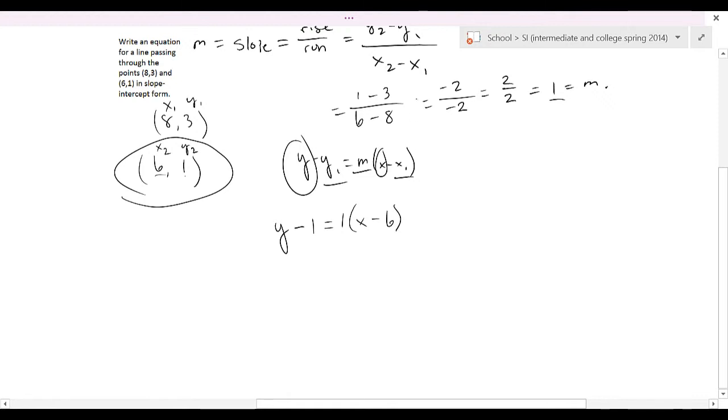Now, some of you might be confused that I wrote x1 and y1 up here, but I'm using my x2 and y2 for my y1 and x1 variables. It doesn't matter which one I pick, as long as I pick points from the same set.